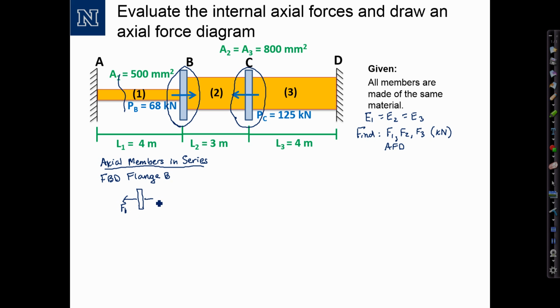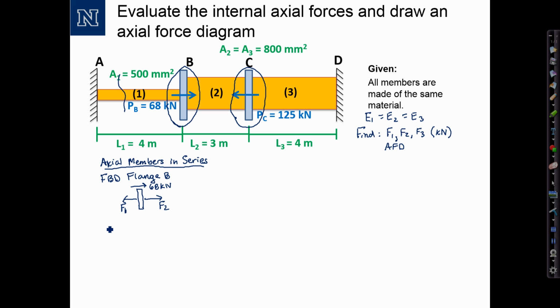So if they're in tension, they're pulling away from the flange plate. F1 acting to the left, F2 acting to the right. And then we also have our 68 kilonewton load.